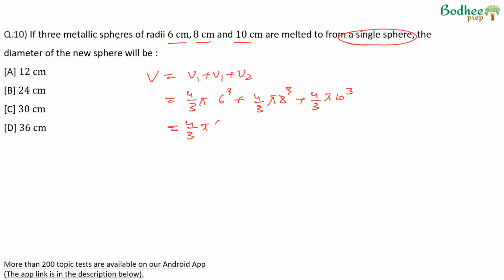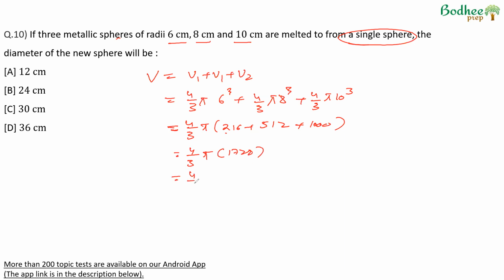4 by 3 pi, 6 cube, 216, 8 cube, 512, plus 10 cube, 1000. This becomes 4 by 3 pi, 216 plus 512 is 728, plus 1000 is 1728.